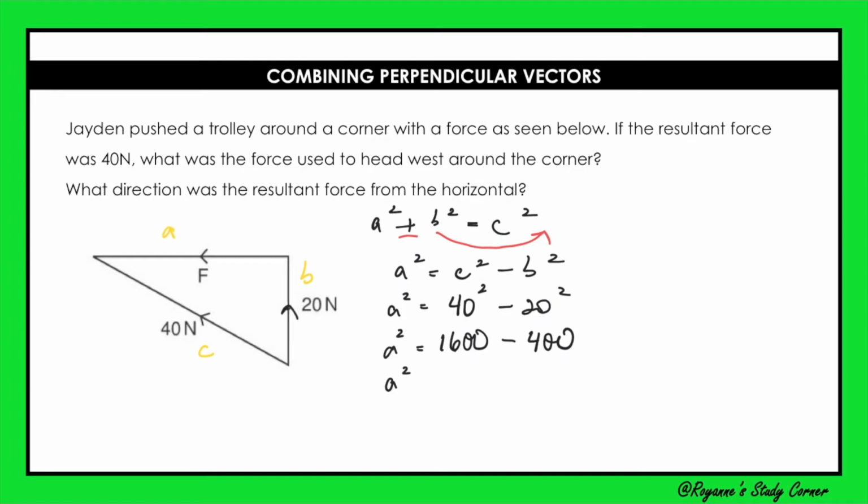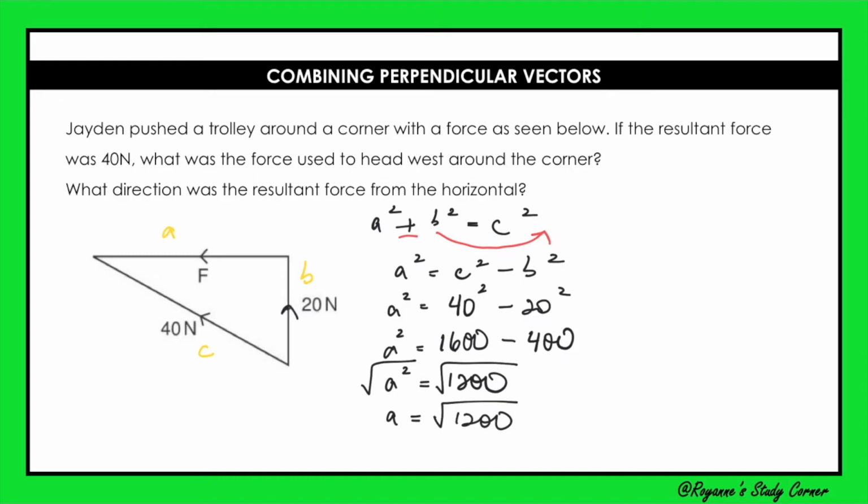So A squared is equal to 1200. Now if we want to find A, that means we'll have to take the square root of everything, so that we'll have A is equal to the root of 1200.